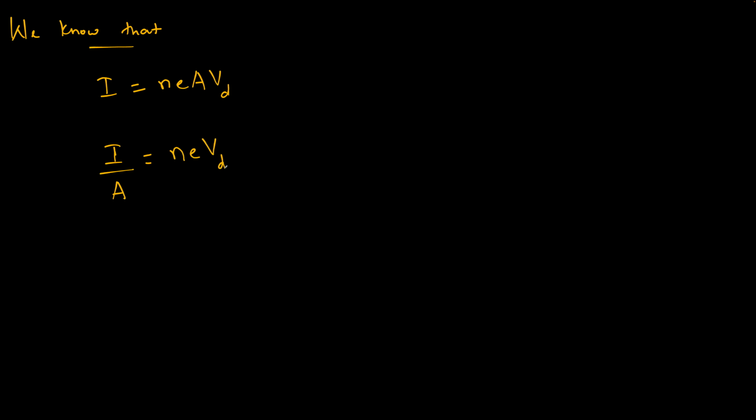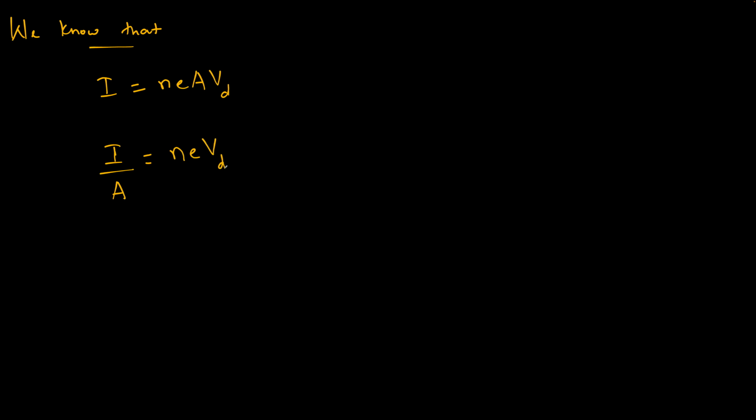So we know that I is equal to nеA into Vd, right? If I rearrange this equation, I will be able to write it as I divided by A is equal to ne into Vd.